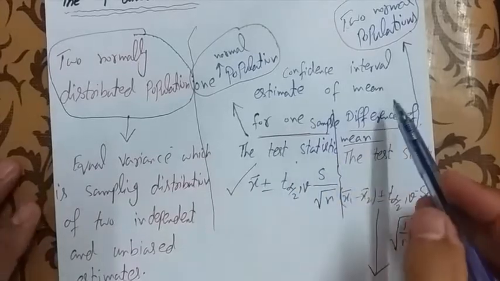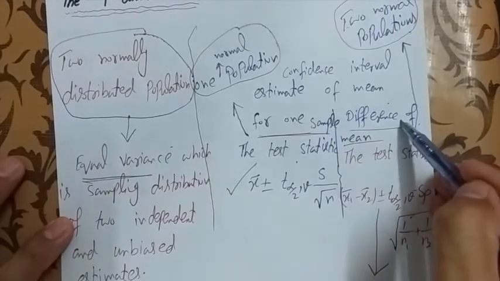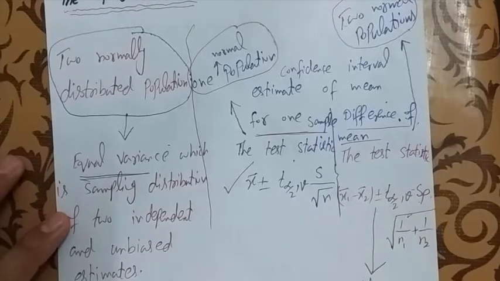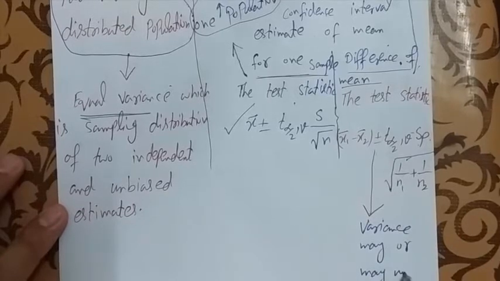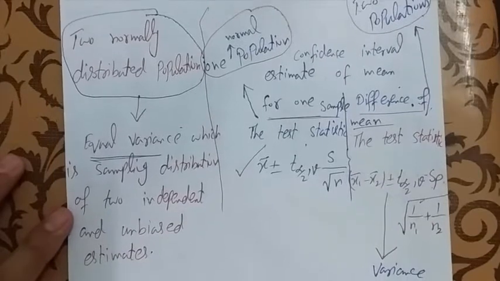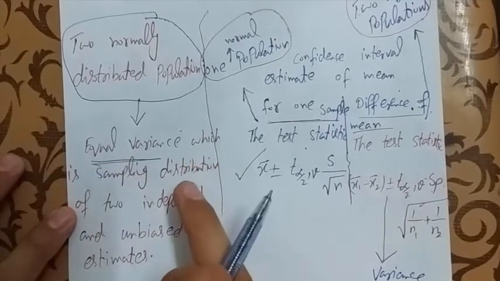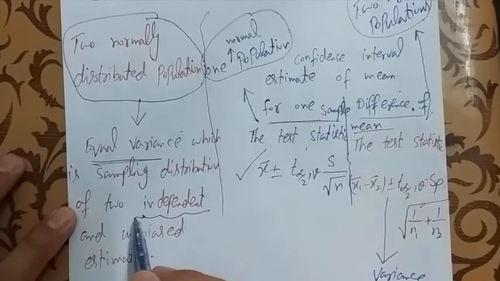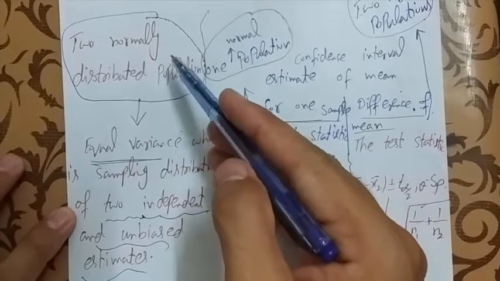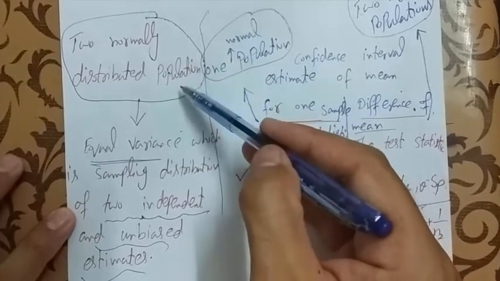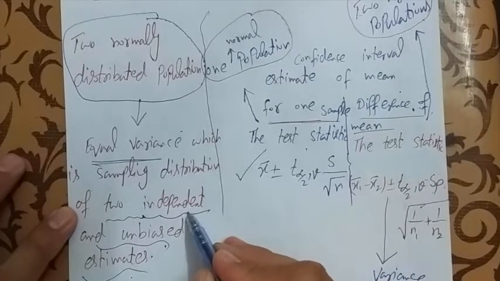Students, in the student's t distribution, the variances may or may not be equal, but in the F distribution the variances must be equal. The variances, which are the sampling distribution of two independent and unbiased estimates, are taken from these normally distributed populations, in which the variances are unbiased estimates and also independent.